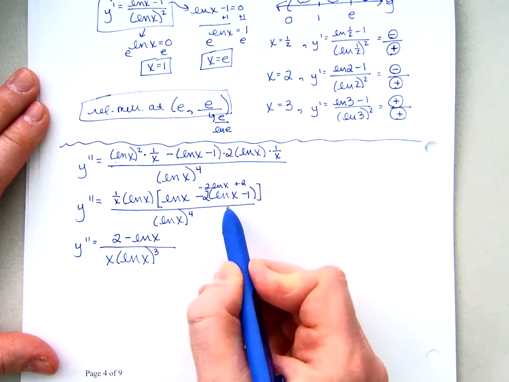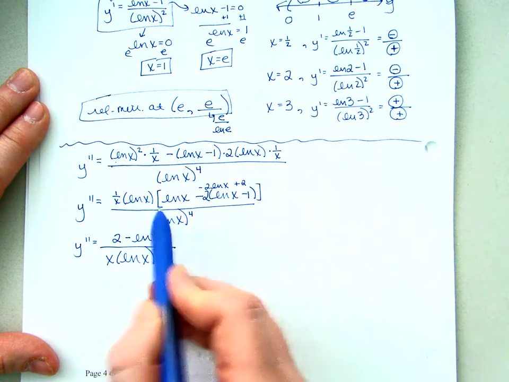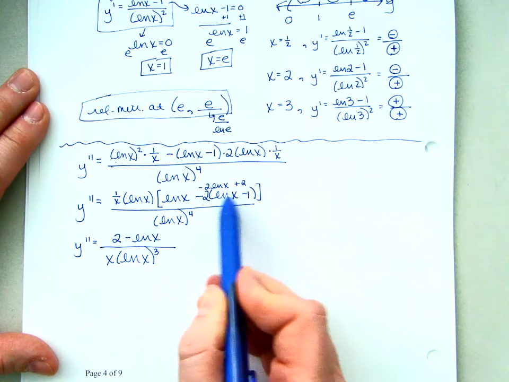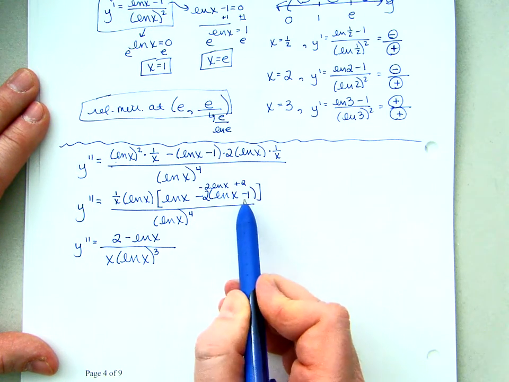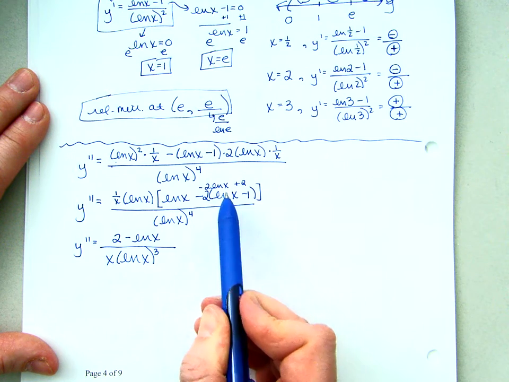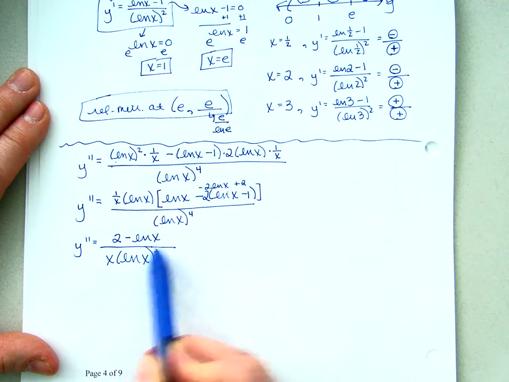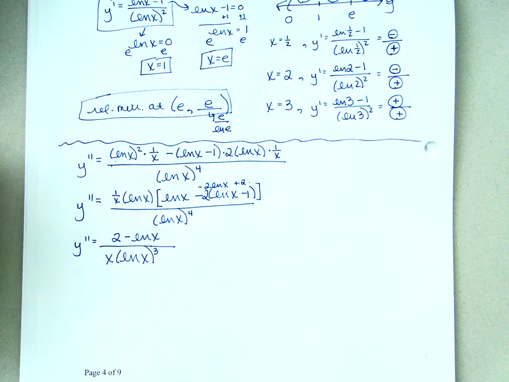So again, I distributed my negative 2 inside the brackets that I had. I got natural log of x minus 2 ln x plus 2. Combine those: natural log of x minus 2 ln x is negative the natural log of x, with that plus 2 at the end.